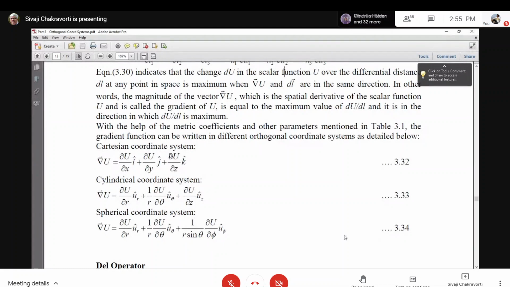Now you tell me, this is the beauty of mathematics. If I had to memorize all these equations separately, I can't do that. In fact, nobody can. Secondly, if I have to write a program, writing all the equations separately for each coordinate system is next to impossible.